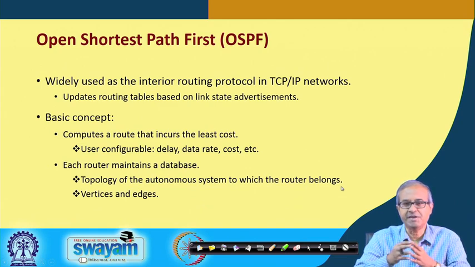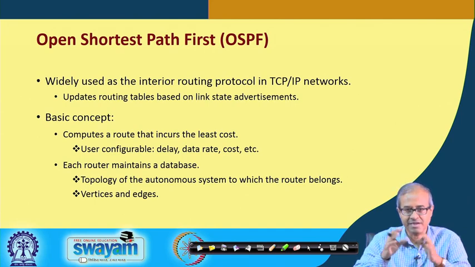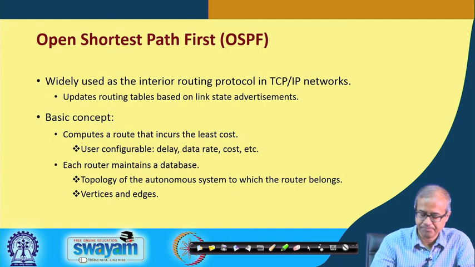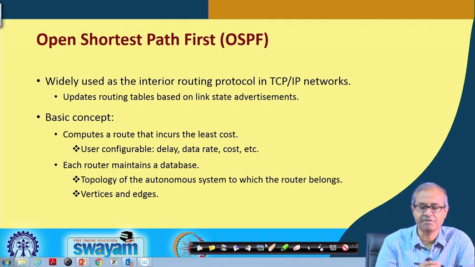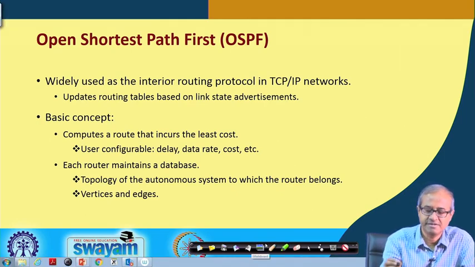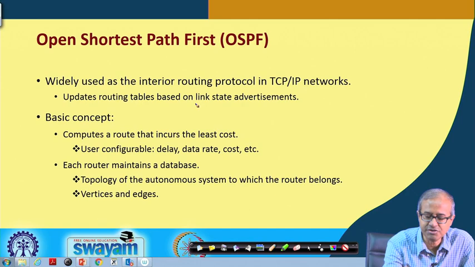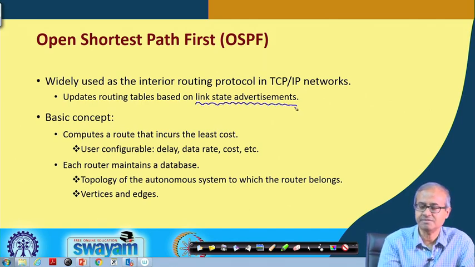Now, OSPF, Open Shortest Path First, is more widely used as the interior routing protocol. Let us see some of the features of OSPF. In TCP/IP networks, this is most widely used, as I said, and it relies on something called link state advertisements.